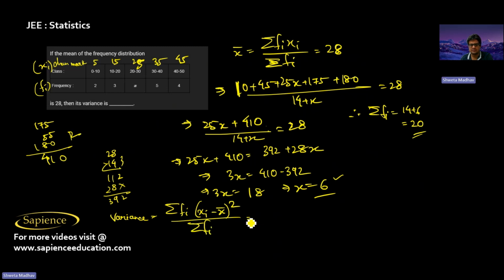So this will be equal to, now summation fi, where x is 6, into xi minus x bar whole square. So this will be 5 minus 28, so 23 square. The second one will be 13 square. And the next one will be 3 square. And 35 minus 28, that is 7 square. 45 minus 28, that is 17.